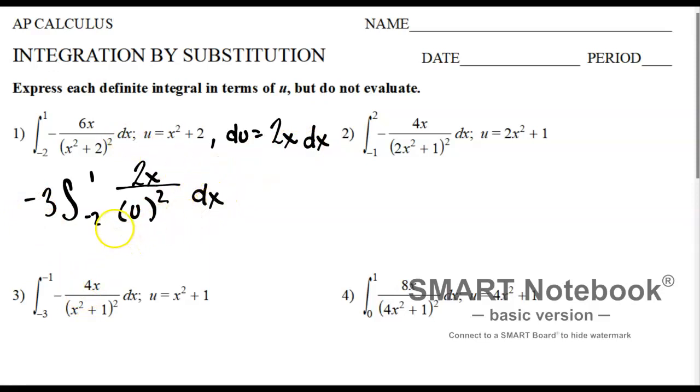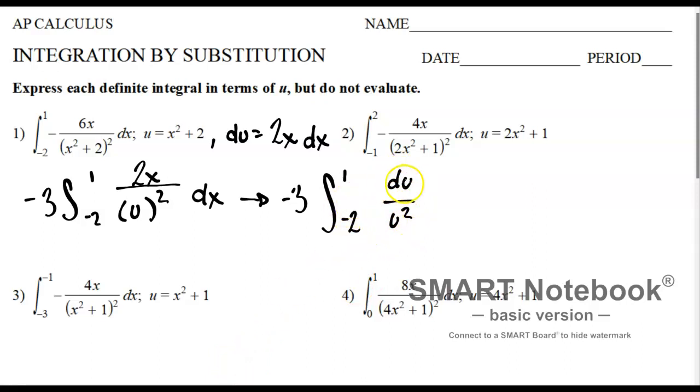Now if you look, I have my u, and this here can be replaced with du. So we've got negative 3. Looking good.